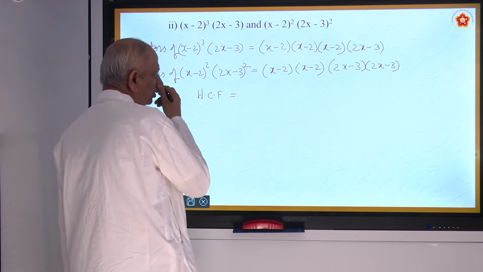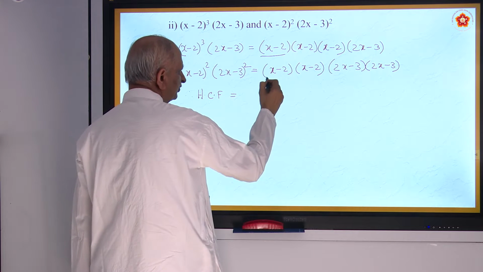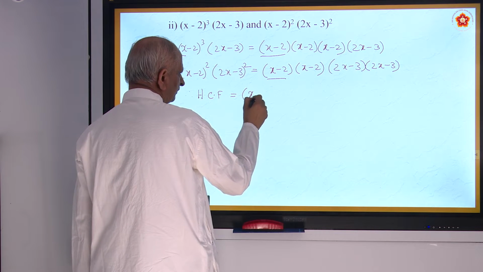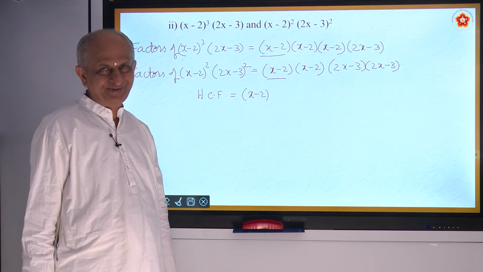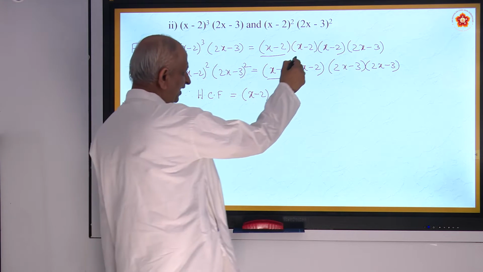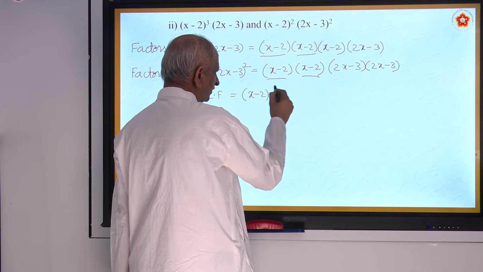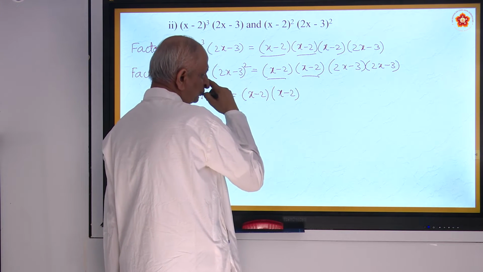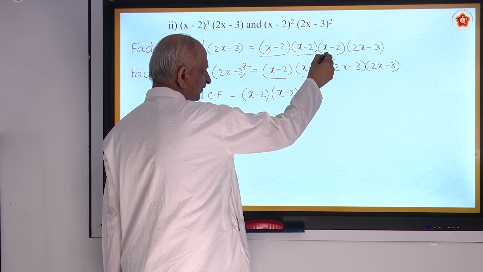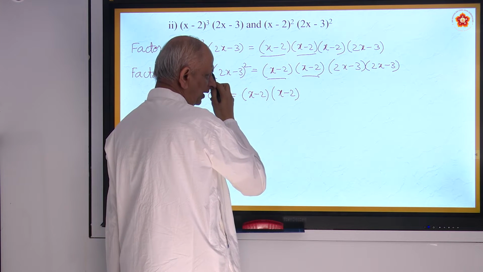is equal to, what is common? x minus 2 is common. Is it only 1 time or 2 times or 3 times? One more is also there, you can see this. So you write (x minus 2) into (x minus 2). This third x minus 2 is here first, but not here, so you cannot take.